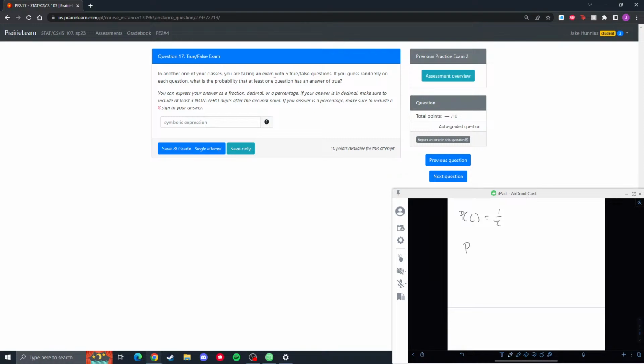So now we have to calculate the probability that they're all false, so we get them all correctly. So it's going to be equal to 1/2 times 1/2 times 1/2 times 1/2 to give us 1 over 32. And we'll do 1 minus 1 over 32 for our answer.